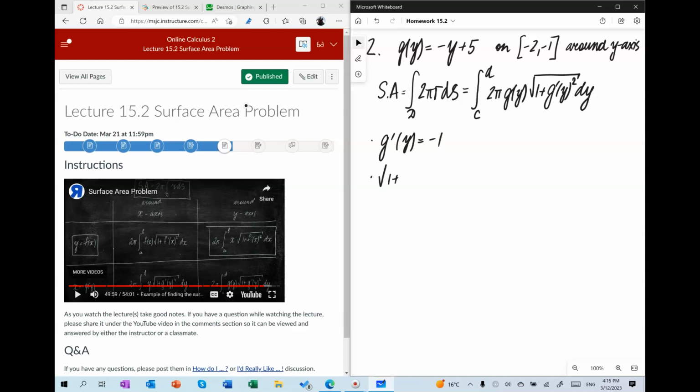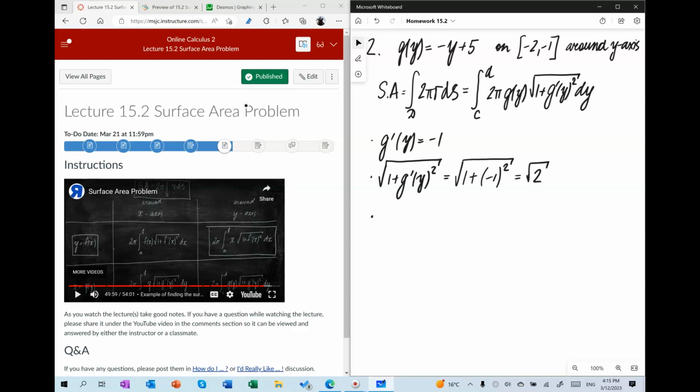Then we're going to find the integrand by finding the radical here. So we have 1 plus -1 squared. And here we're getting some trivial results, because when you rotate a line segment, you get a frustum, right?